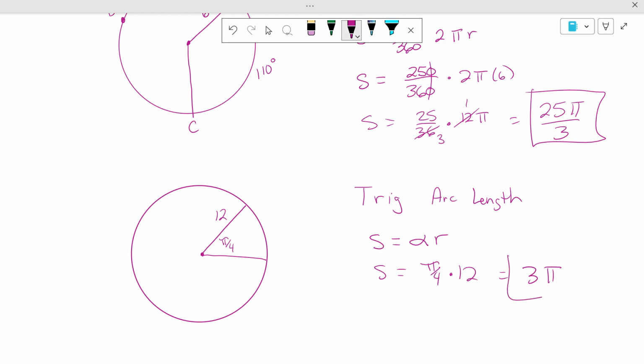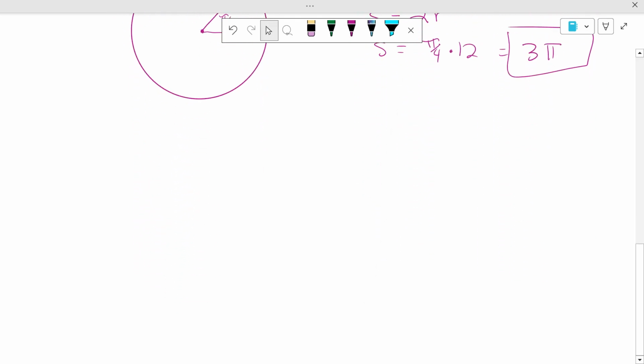So it's 3 pi. Now, if it tells you to put it into a decimal, round it to so many places, you do that. But most of the time, we want these in terms of pi. Okay? All right. Arc length. Okay, fairly easy to understand. Next concept.